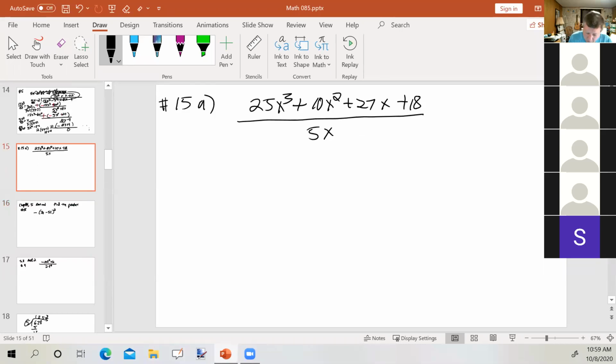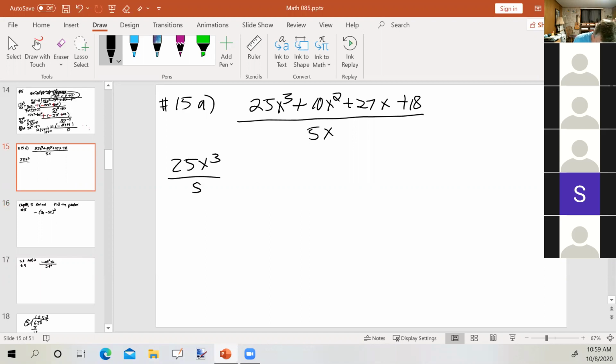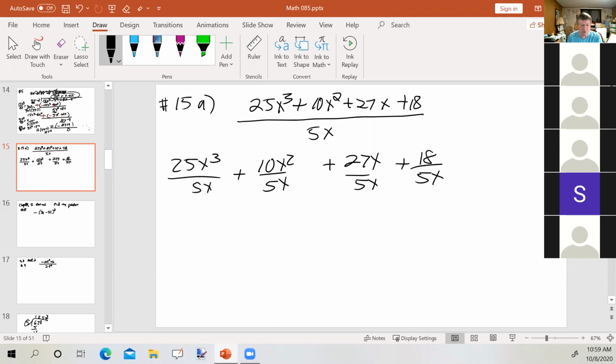Polynomial divided by monomial. Each term in the numerator divided by the term in the denominator. And then reduce or simplify each fraction. The first one, 25 over 5 is 5 over 1. X cubed over x is x squared, so I'm left with 5x squared.